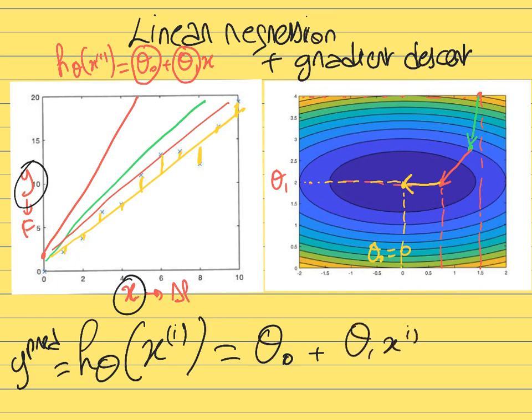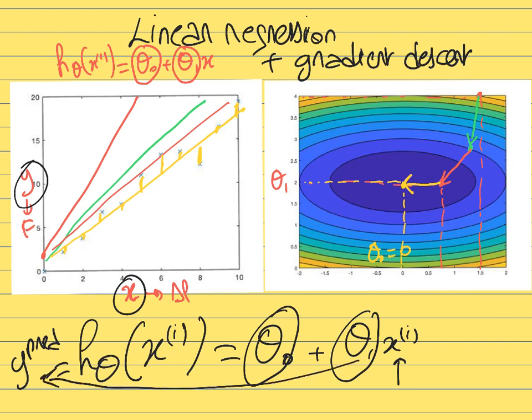So once you have optimized the values of theta naught and theta 1, you can now use this model for new values of the feature x in order to make a prediction of what you think is going to be the corresponding value of y. So when you have this yellow line, for each value of x, you can look at what this yellow line is predicting and find what is the corresponding value of y that your model is predicting.